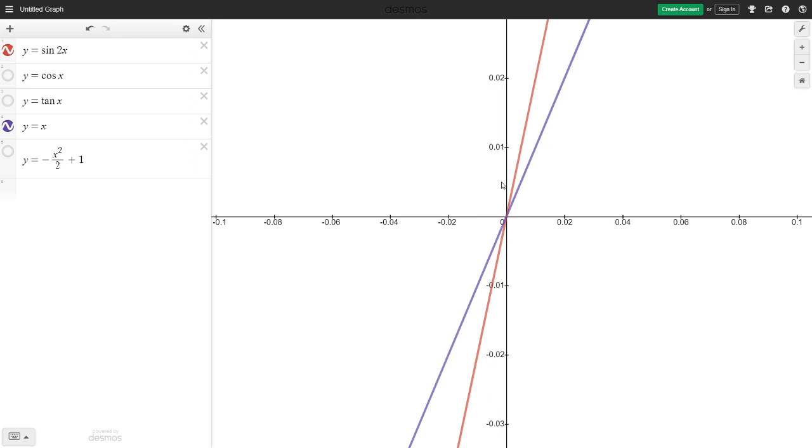The red one is sine 2x. Trying to get as close as I can, we can see that x is 0.005 and y is 0.01. So how do we think that changes it?